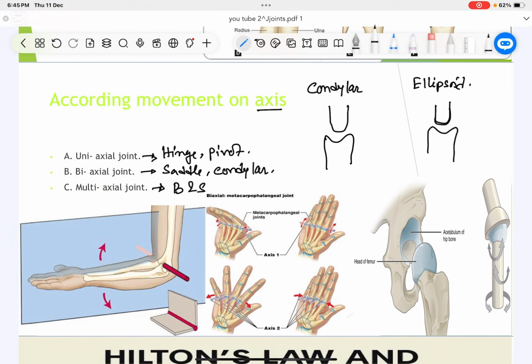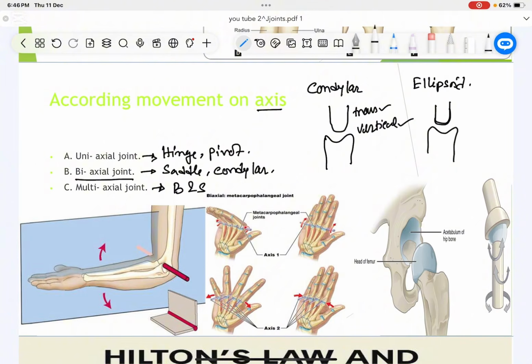So in condylar joint we will see there will be two axis movement. One is transverse axis, another one is vertical axis. So in condylar joint we can get two axis movement as it is a biaxial joint. It can be moved on transverse axis, it can be moved on vertical axis.